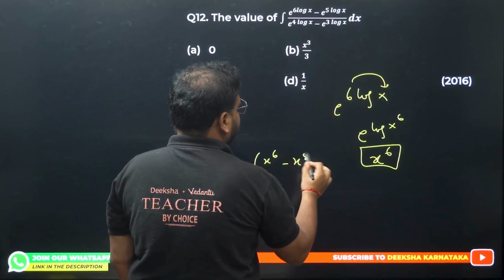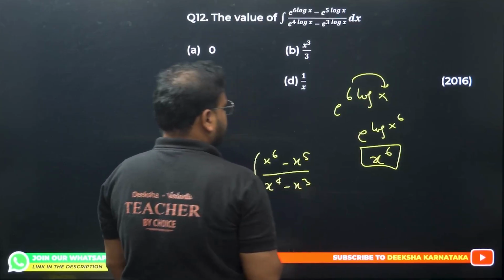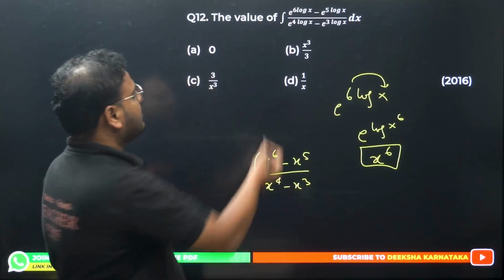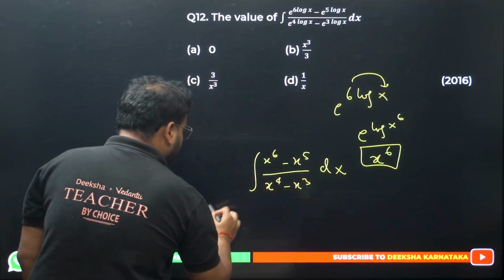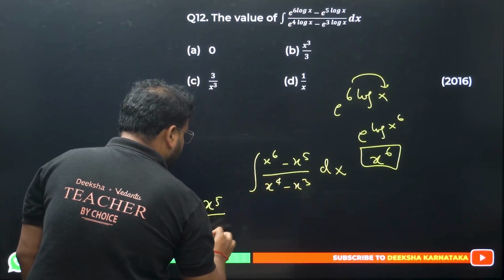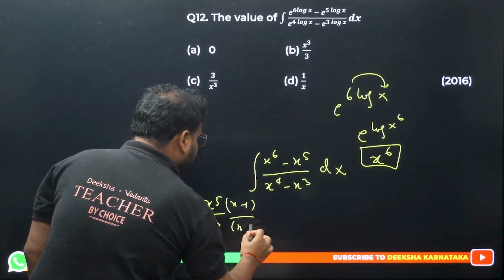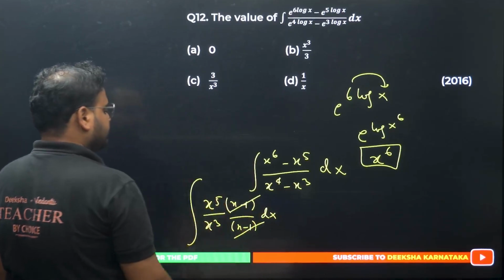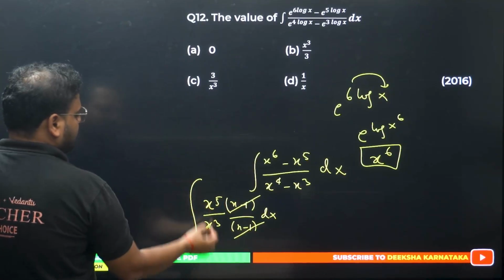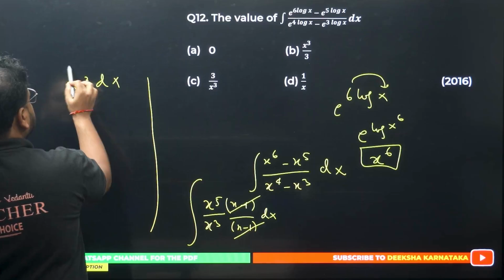Okay. So basically this is x power 6 minus x power 5 over x power 4 minus x power 3. Every term can be simplified, right? Take x power 5 common in the numerator. In the denominator we have x power 3 common, and we get x minus 1. Here also we get x minus 1 dx. Cancelled. And this will become x square dx.